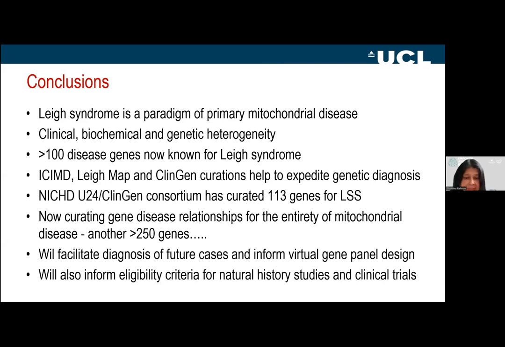We've curated 113 genes for Leigh syndrome and have now moved on to the whole of mitochondrial disease and committed to curating another 250 genes. I believe that this work, which is done by a huge number of people, will facilitate diagnosis of future cases and inform gene panel design, and also, importantly, inform eligibility criteria for natural history studies and clinical trials.